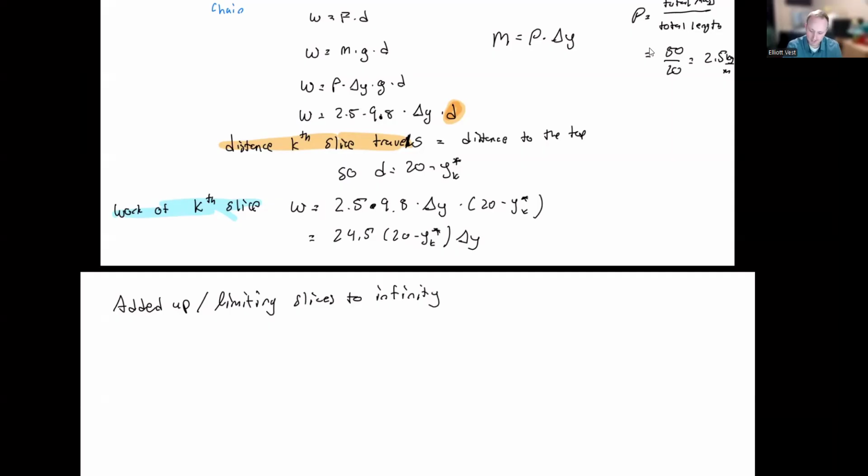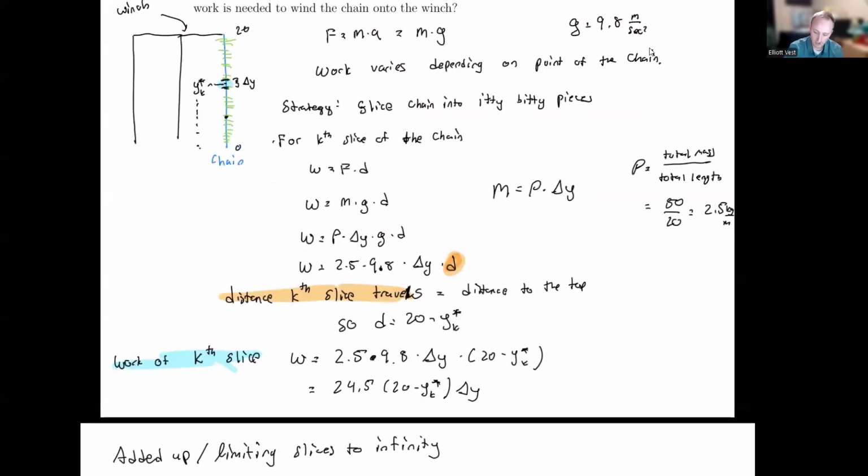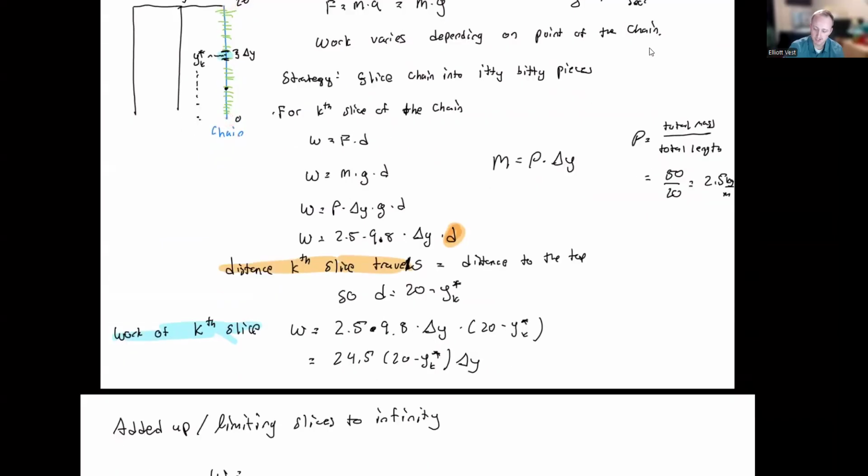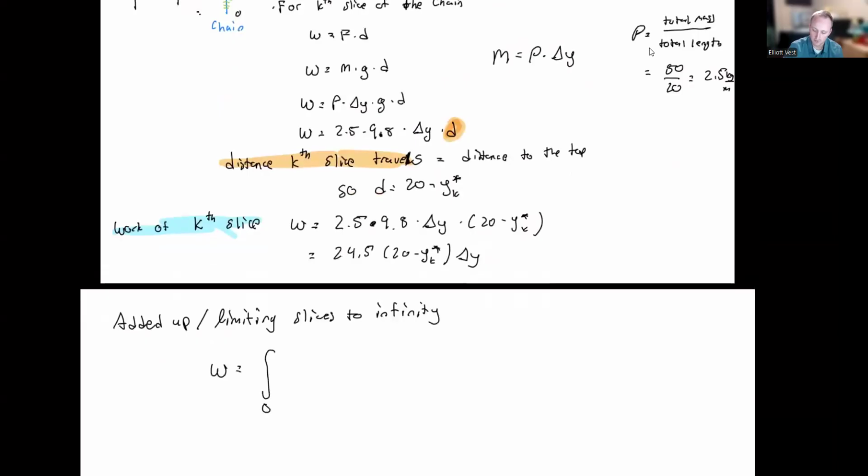This is going to give us the work. Again, the chain is at distances from 0 to 20, so it's going to be the integral from 0 to 20 of this expression we have, but with dy instead of change of y. So 24.5 times 20 minus y, dy.